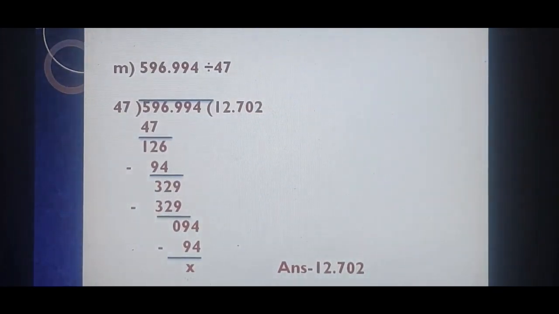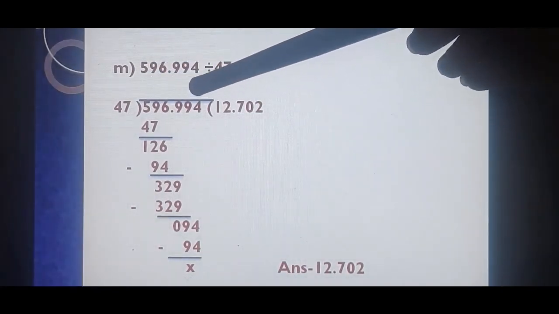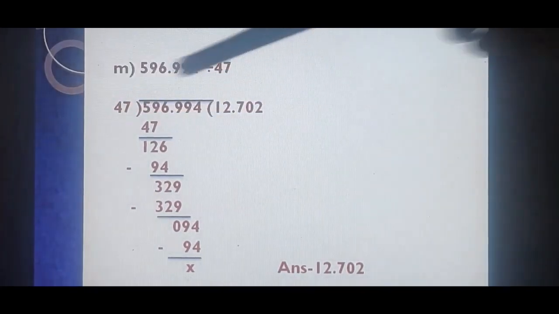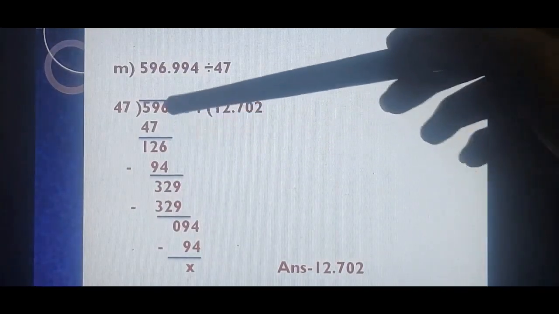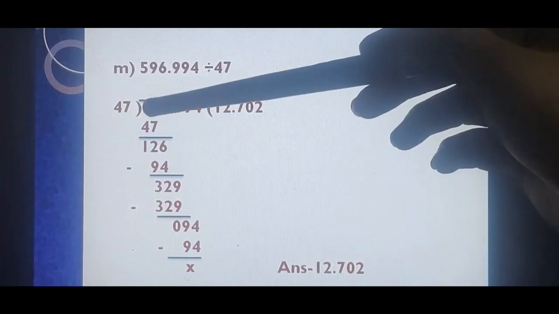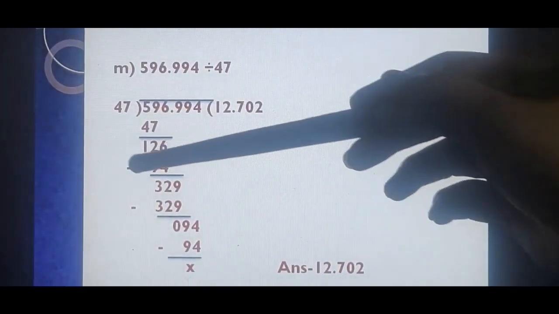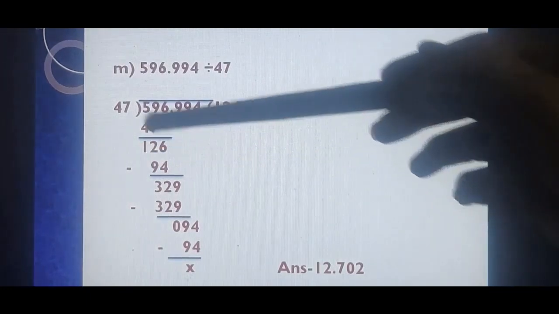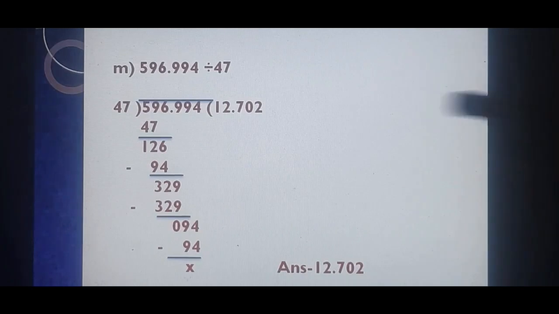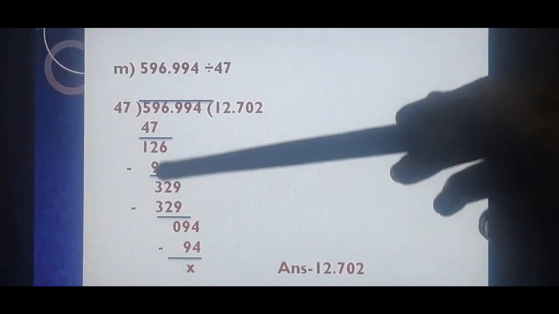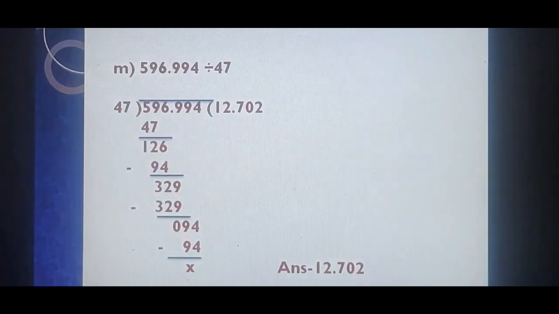Now our next part is M part, 596.994 divided by 47. 596.994 is our dividend, 47 is the divisor. 47 ones are 47. Now 9 minus 7, 2, 5 minus 4, 1. So next digit we will take 6. Now the number has become 126. 47 2s are 94. 6 minus 4, 2. 12 minus 9, 3.